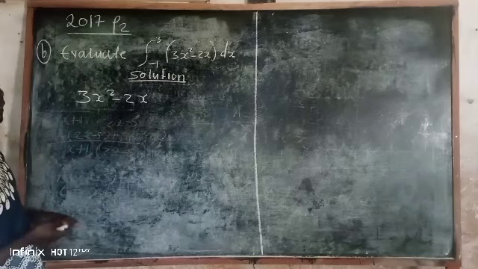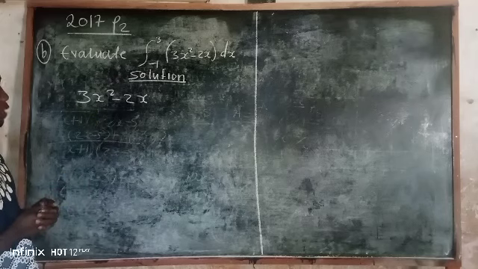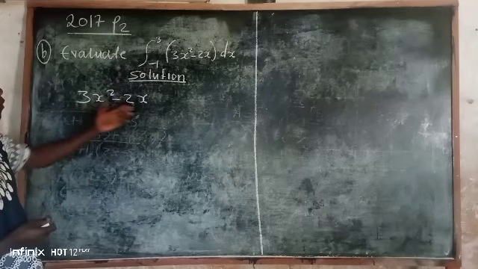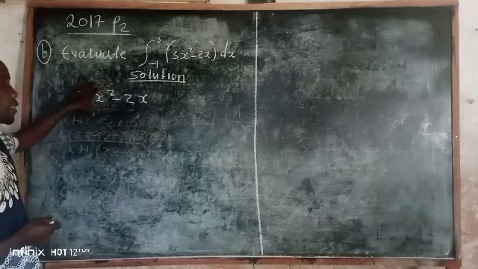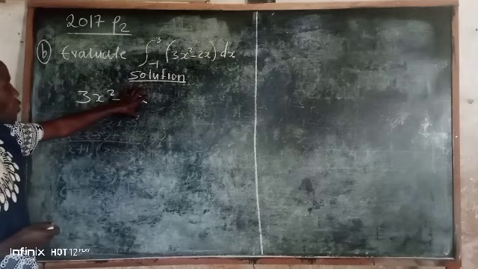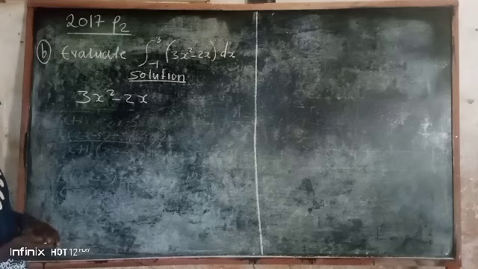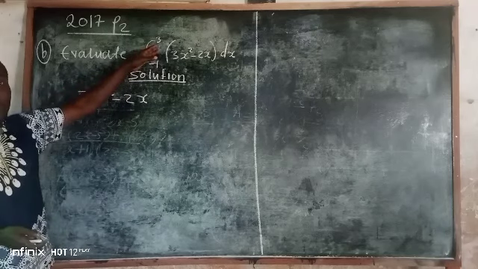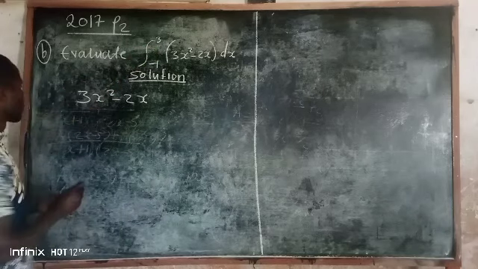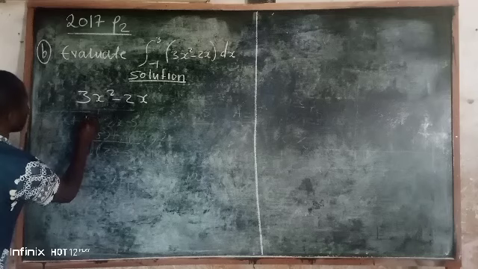How we integrate in calculus is that we follow term by term. Looking at the terms that we have here, we only have 2 terms. So we are going to integrate this one, then we go to this one. Then you are going to see how we apply the limits that we have here.